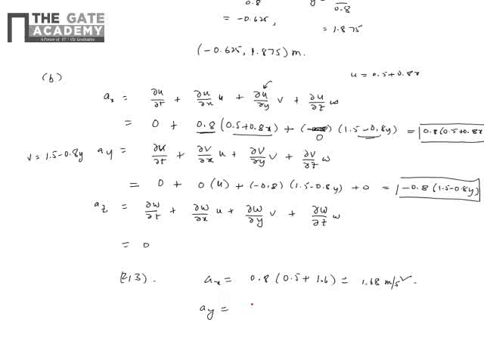For the y component, you get minus 0.8 times (1.5 minus 0.8 times 3, which is 2.4), so this turns out to be 0.72 meters per second square. So these are the components of acceleration in x, y, z.